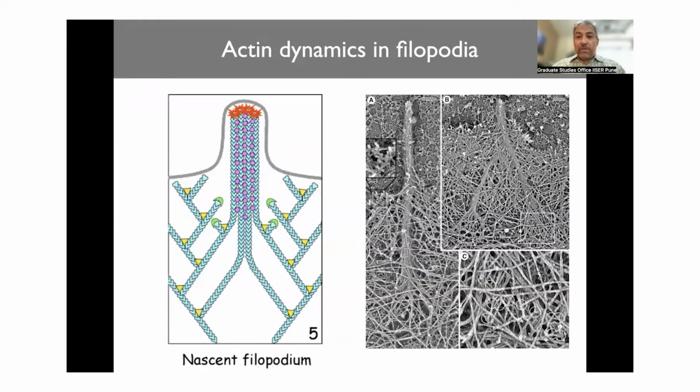I spoke to you about the fact that actin can be assembled, just as microtubules can be, into very different looking structures. And one of those structures is this filopodia, where the gray line that you see on the outside is the membrane. So the membrane is covering the filopodia, and the filopodia is essentially like a bar of actin that pushes on the membrane and creates a very nice structure like this.